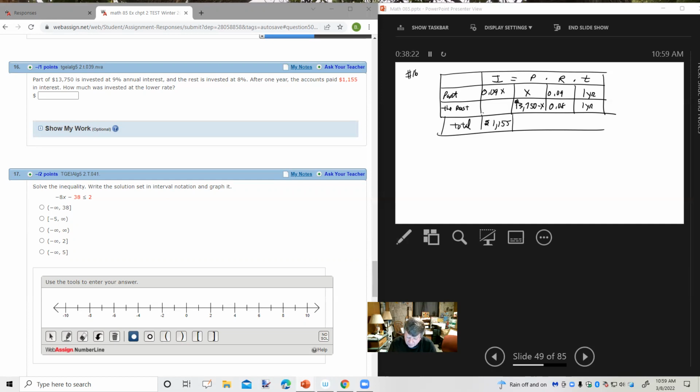The interest for the rest would be (13,750 minus x) times 0.08 times 1, which is 0.08 times (13,750 minus x). So our equation is this plus that equals that. Any questions how I got that? Okay, let's again multiply by 100 to get rid of the decimals.